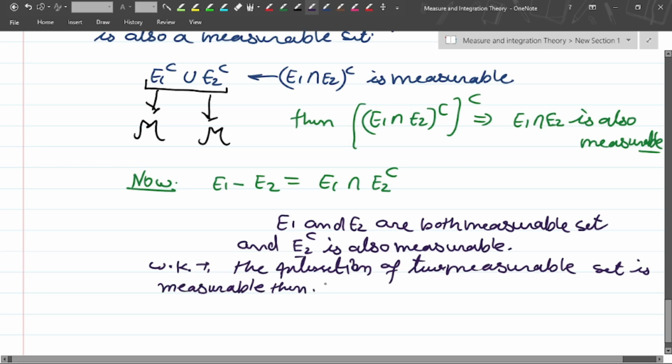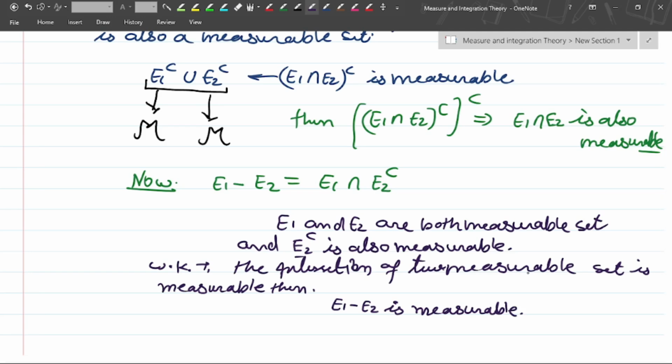Then E1 minus E2 is measurable. So these are the theorems that we have proved, and these are different types of theorems but based on the same concept. So this is all about the theorems.